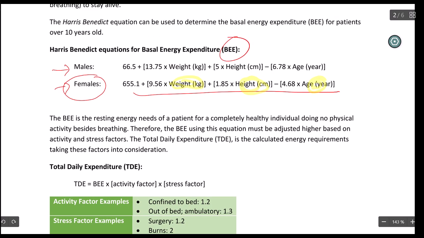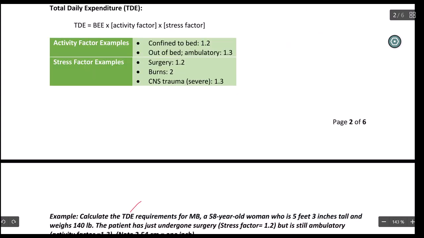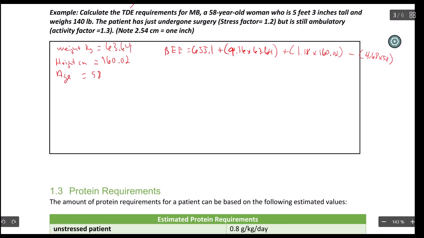If you do all that out for basal energy requirements, you get a BEE of about 1,288.0954. This is kilocalories.